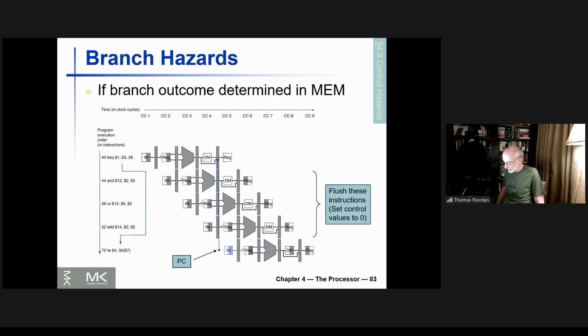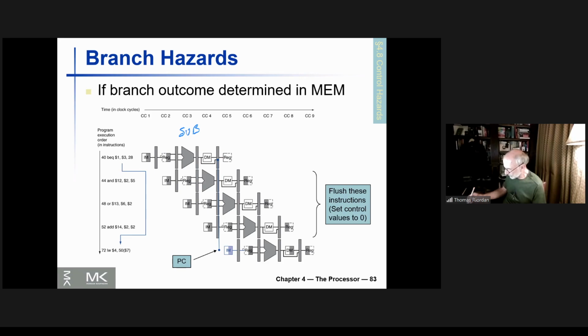Okay, so here is quite a decent picture of the branch hazard. And he says that, okay, so recall that what we're going to do is compare two values when we do a branch, and that means that we're going to do a subtraction.